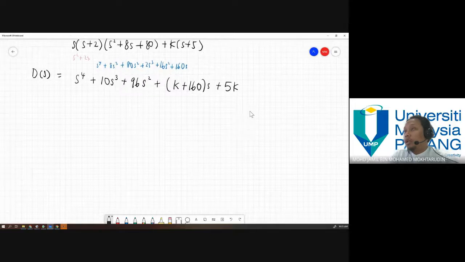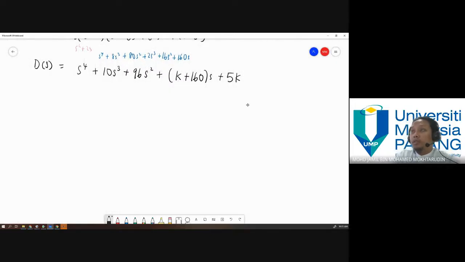And then we can generate the Routh-Hurwitz table. So start with s to the power of 4 and then s to the power of 3. So this is 1, 96, 5k; 10, k plus 160, 0.